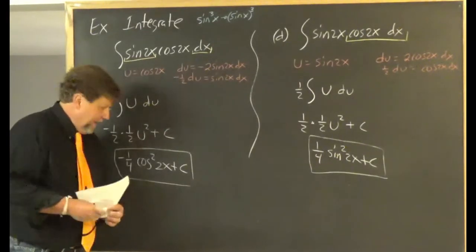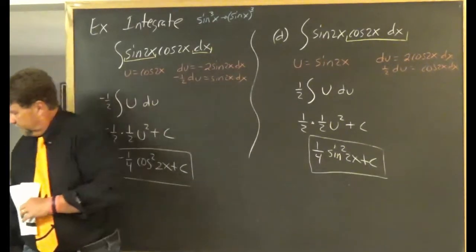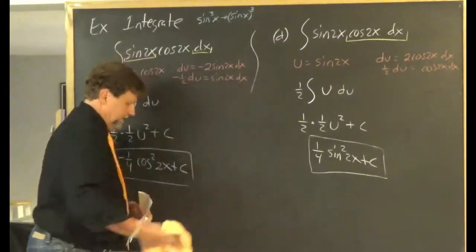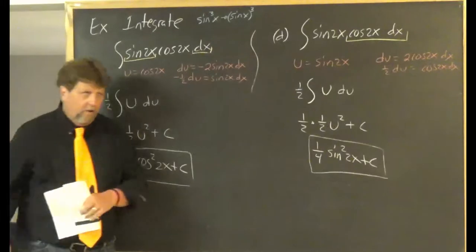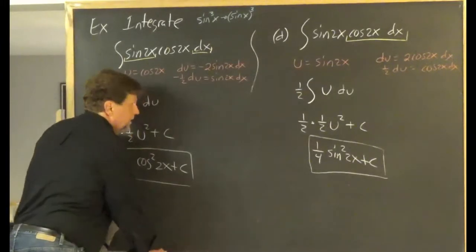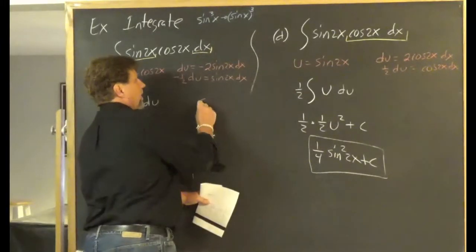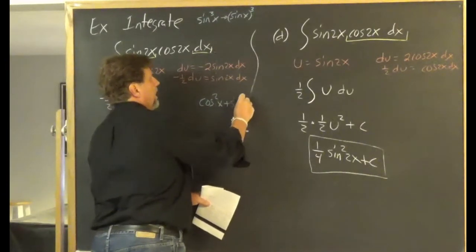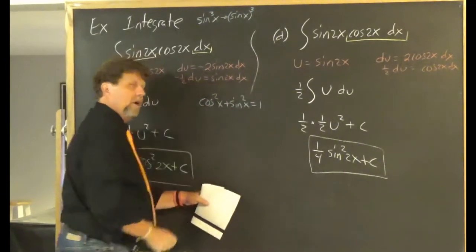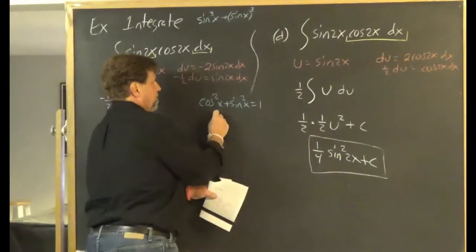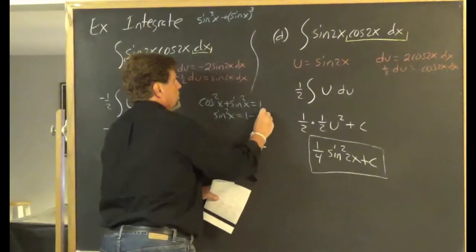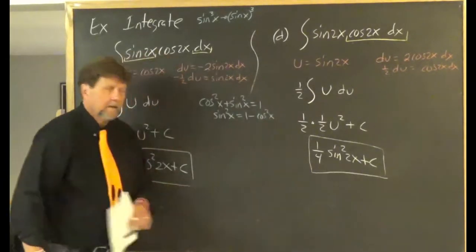So what do I mean by that? Well, we know an old trig identity. We know that cosine squared x plus sine squared x equals 1, which means for free, sine squared x equals 1 minus cosine squared x.